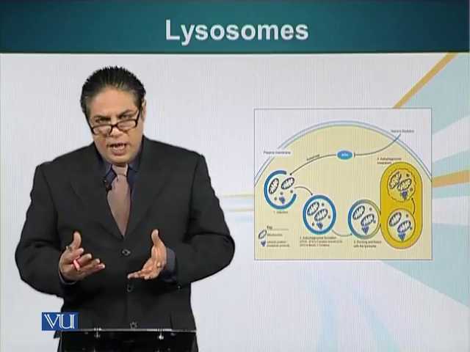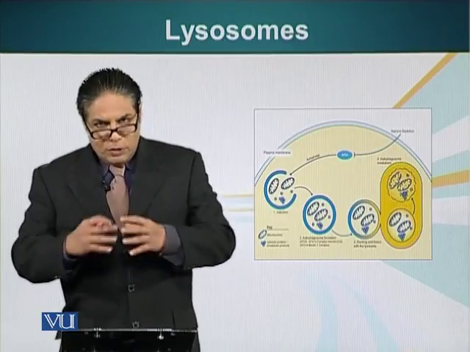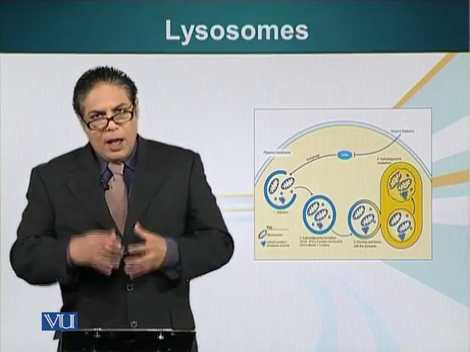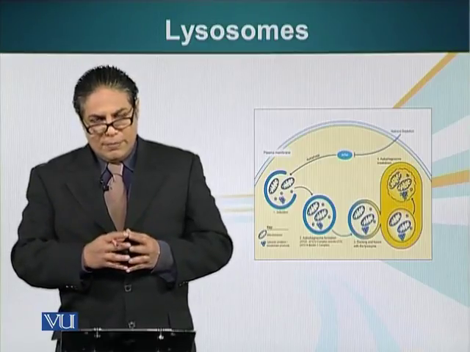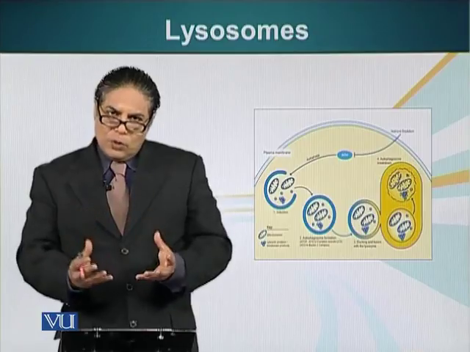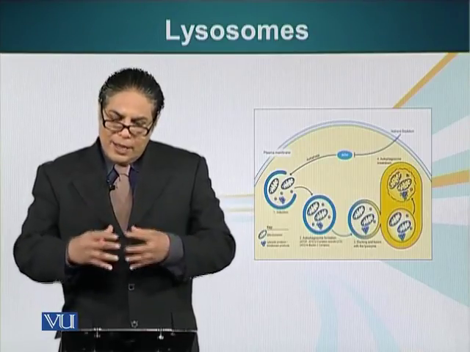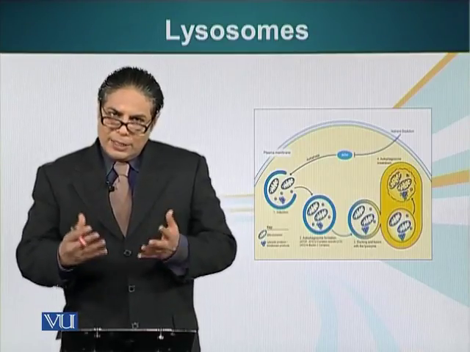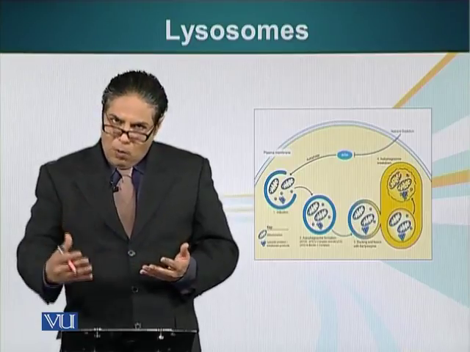Mitochondria is degraded, and the components which are making the mitochondria are released into the cytoplasm for recycling purposes. So basically, lysosomes are very important in degrading material and providing the cell the raw material for recycling.